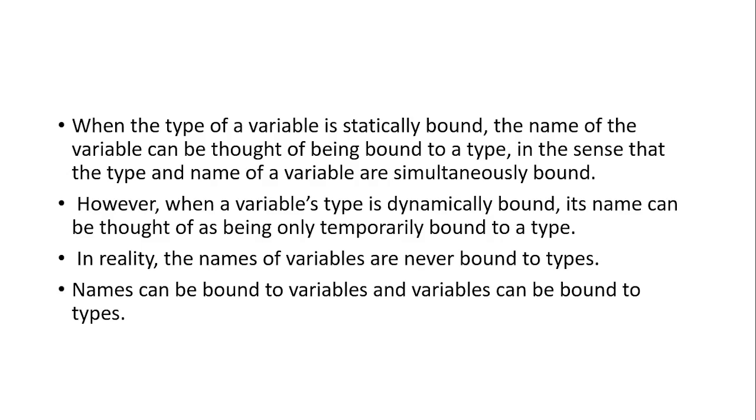When the type of a variable is statically bound, the name of the variable can be thought of as being bound to a type, in the sense that the type and name of a variable are simultaneously bound.